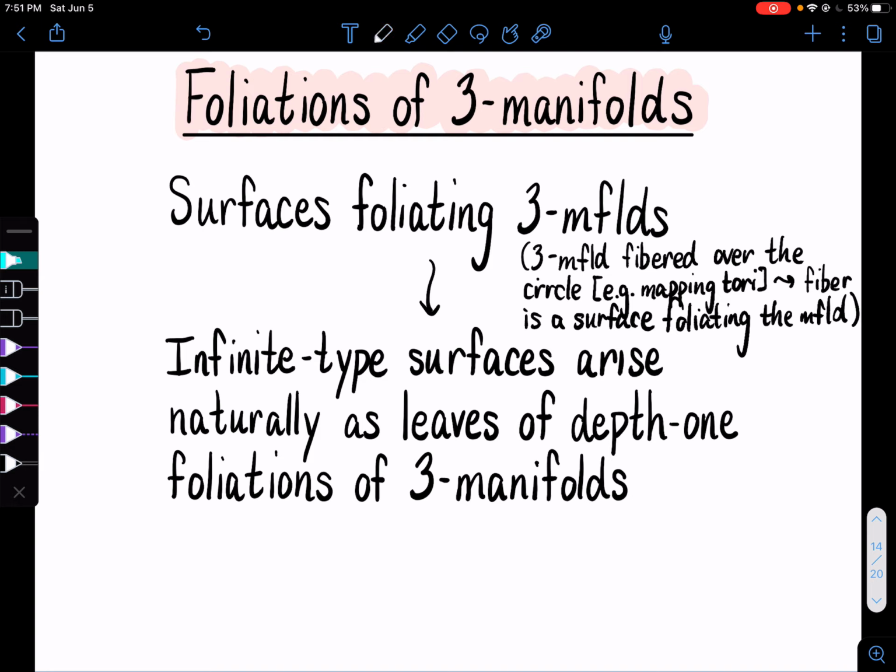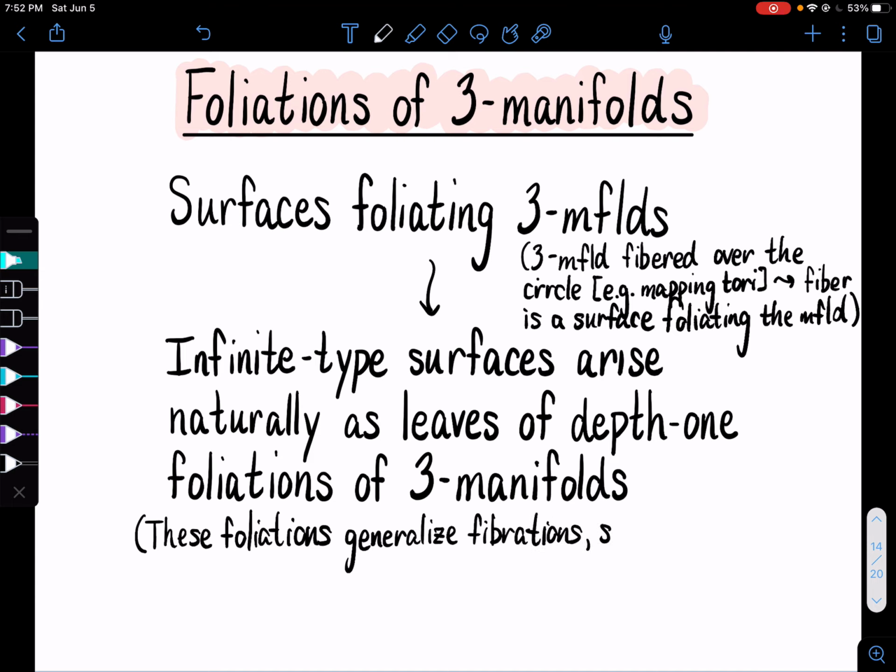And it turns out that these foliations generalize fibrations. And what do I mean by that, they generalize fibrations?